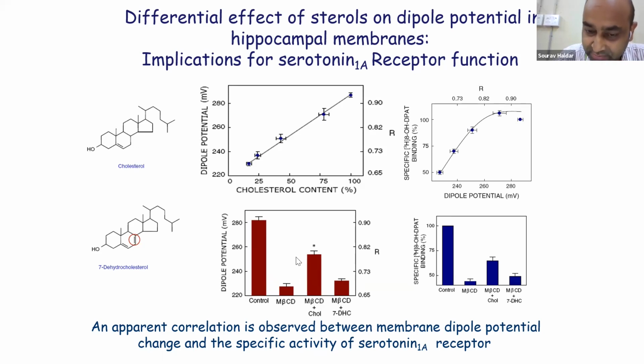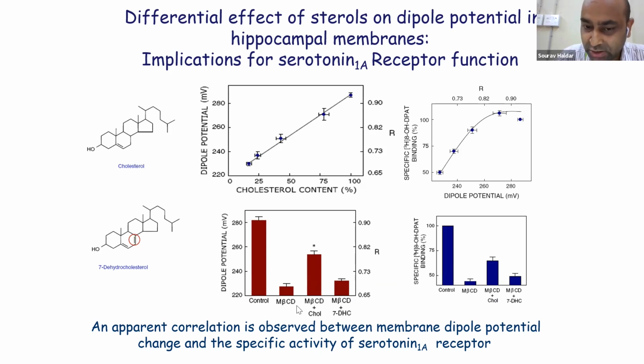Concomitantly, the activity also came back when cholesterol was put back using methyl beta cyclodextrin, but when 7-DHC was introduced in place of cholesterol, the activity didn't get back to the same level as it did for cholesterol. So this suggests that when we depleted cholesterol, we reduced dipole potential.